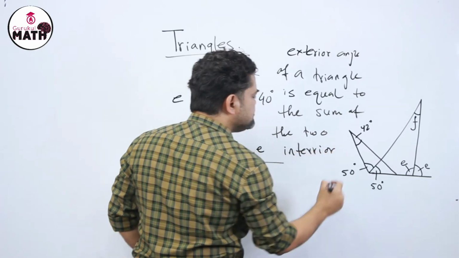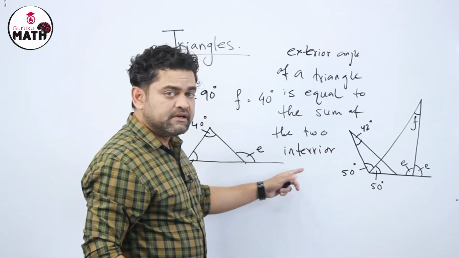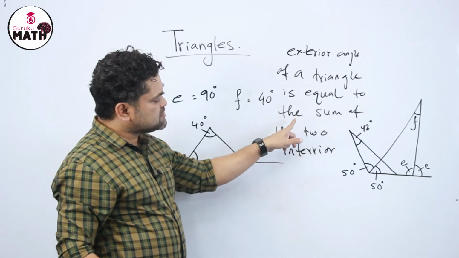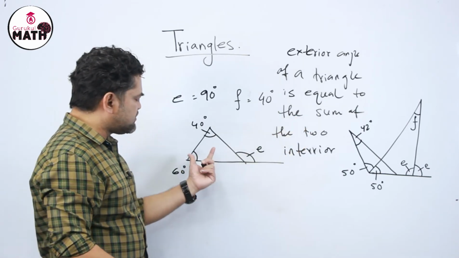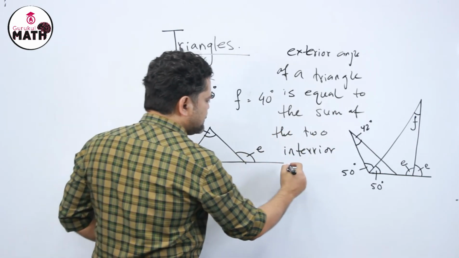So you see I'm using two words here, one is exterior, another one is interior. So E is the exterior, which is outside of the triangle. So it is equal to the sum of the two interior angles. So if I add this up, the sum of the two interior angles.